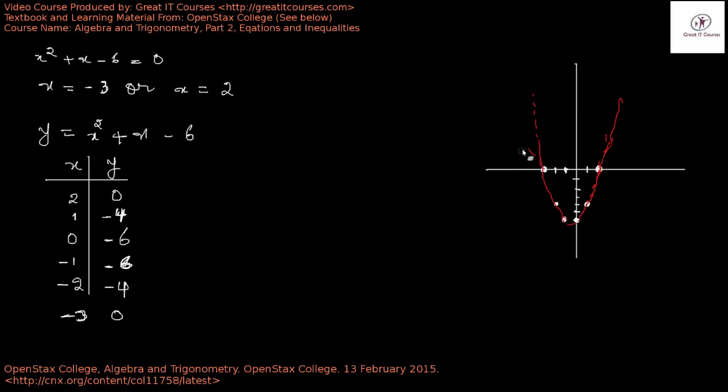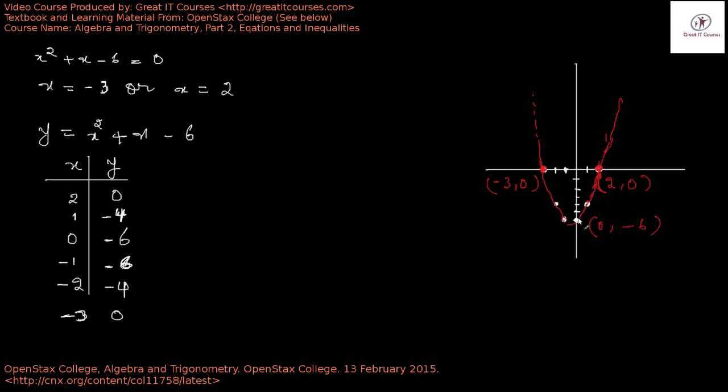So this is going to be the graph of your function, and basically these 2 points, 2, 0 and minus 3, 0, are exactly on the x-axis. There is one point here that is 0, minus 6.